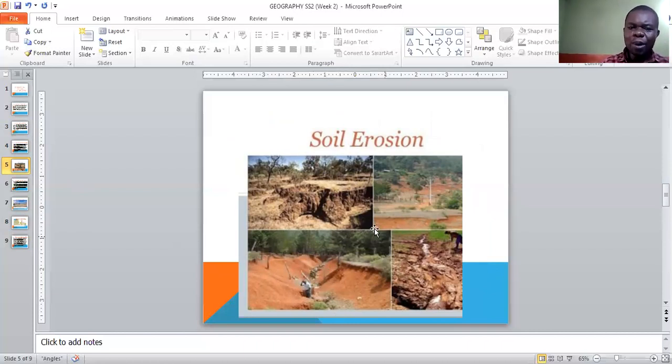If you build a house here, this one on top will one day fall on your house. These areas are eroded by water. This is soil erosion. It has destroyed this area. This kind of land is useless. It is no more useful. So it has to be reclaimed. These are the reasons for land reclamation.